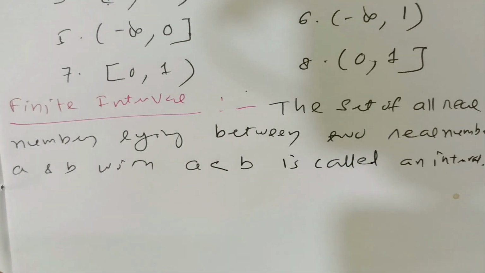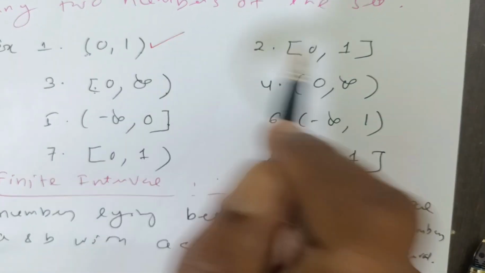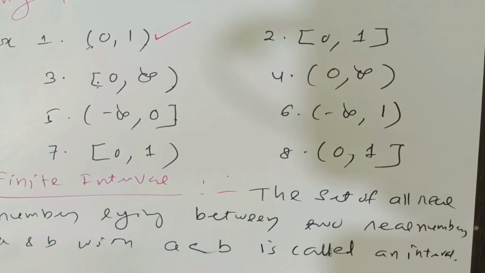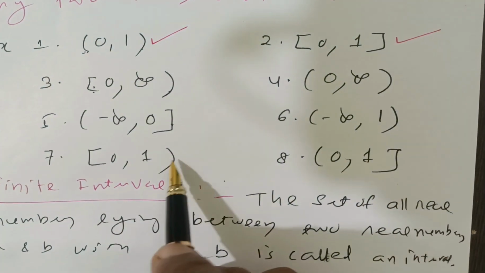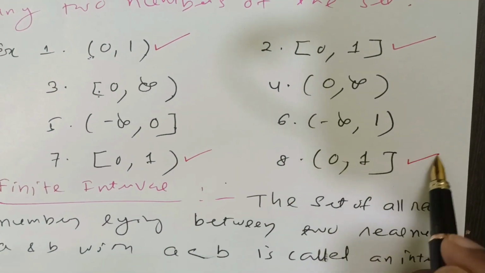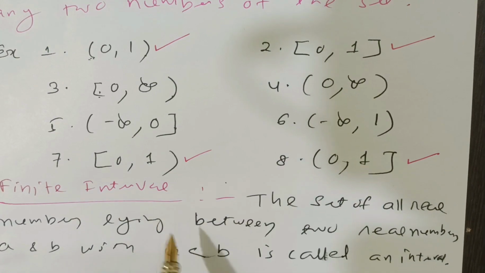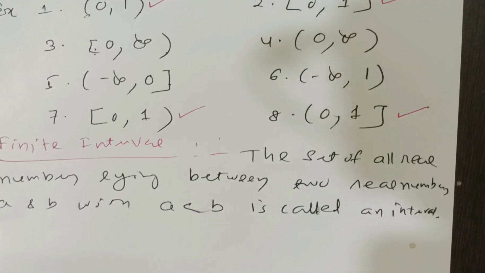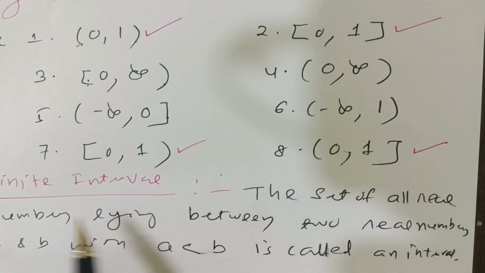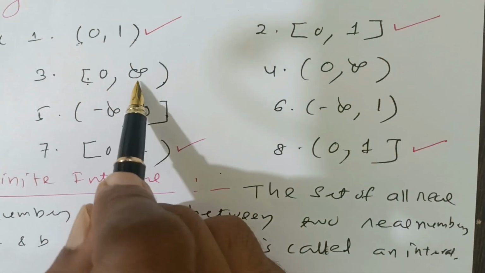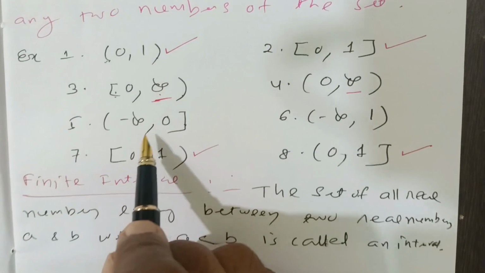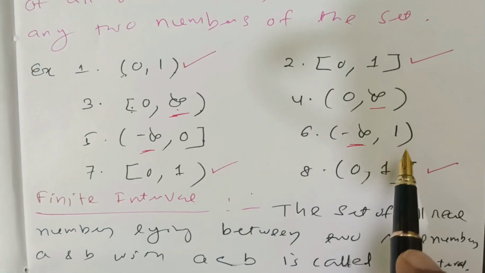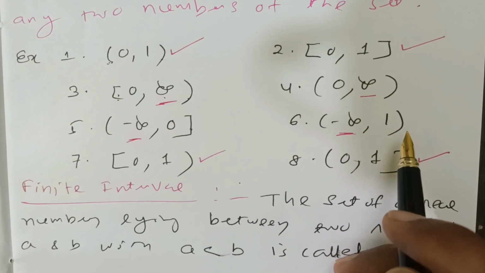See examples, friends. This first example 0, 1, and second example 0, 1, this 0, 1, and this 0, 1. These four are the examples of finite intervals. No infinity is involved here. And these 3, 4, 5, 6, you can see this goes up to infinity, and these are infinite intervals.